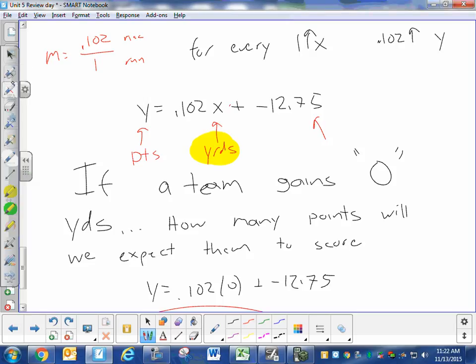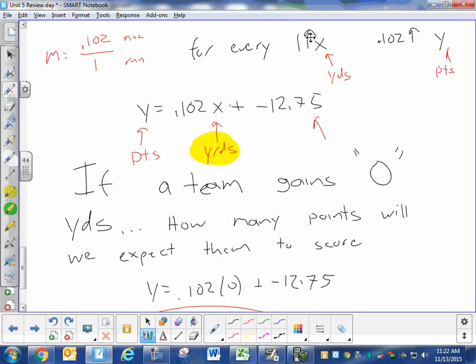Okay, well that's just for a regular line. In this situation, x and y have a context. X is yards and y is points. So it turns out every increase by 1 yard, we are expected to score 0.102 more points. So every yard gained, you can think of as almost points earned.